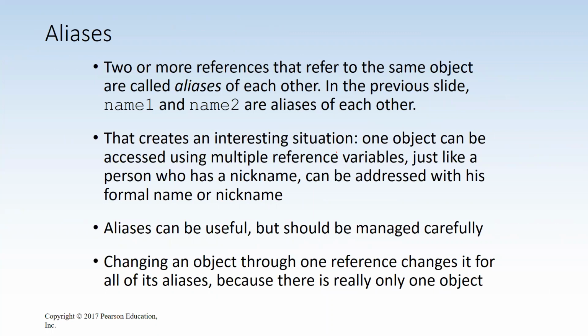And that creates an interesting situation. One object can be accessed using multiple reference variables, just like a person. But you should manage aliases carefully, because changing an object through one reference changes it for all of its aliases, since there is really only one object.